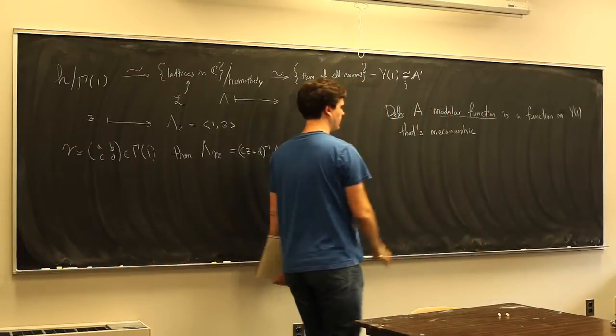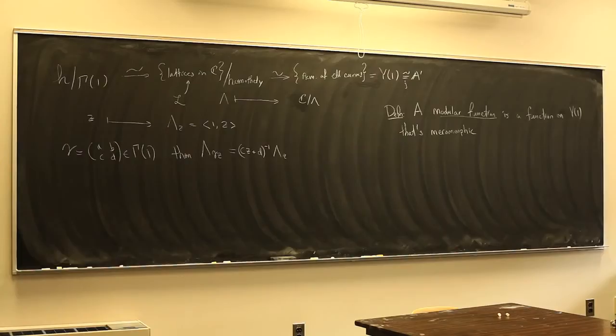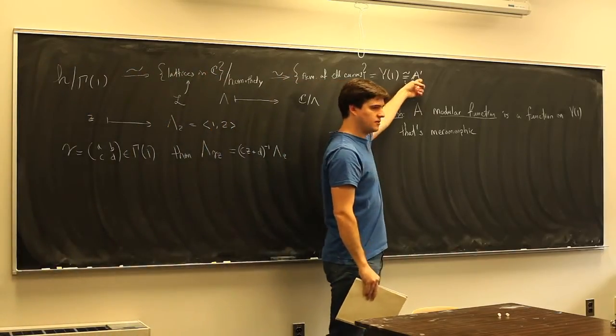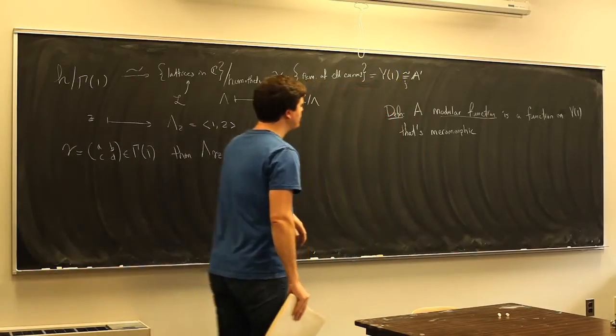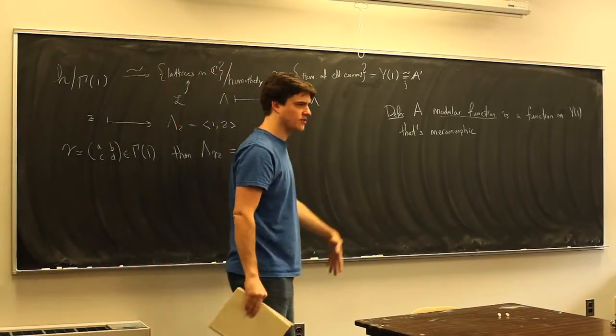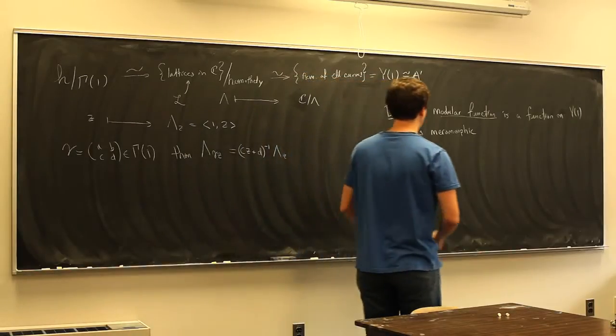And I mean at infinity as well. At this missing point, it should be meromorphic. And so the j-invariant is an example of such a function. It's holomorphic everywhere except at this cusp at infinity. It has a simple pole there. And since X1 just looks like P1, its field of functions is just generated by this j. So these things are all just rational functions in j.